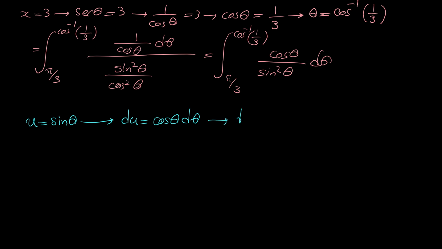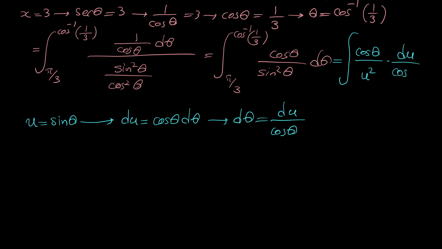If we solve this for d theta, it is du over cosine theta. So this equals the integral of cosine theta over sine, which is u, so u to the 2, times d theta. What is d theta? Du over cosine theta. As you can see, cosine with cosine cancels, and then we have the integral of du over u to the 2.